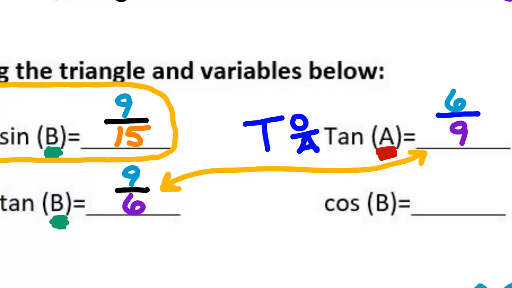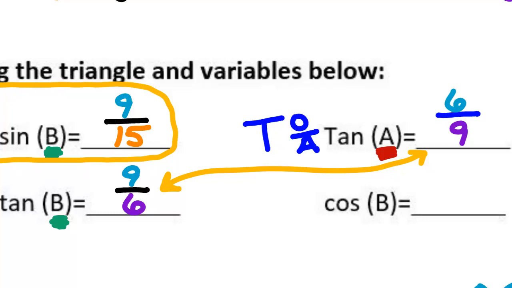The tangent of B is 9 over 6. When I change to the other non-right angle, what happens to my tangent? Yes, it becomes the reciprocal. Again, when I change which angle I'm standing at, the opposite and the adjacent switch because my position has switched, so the tangent is going to flip over. It's going to be the reciprocal.